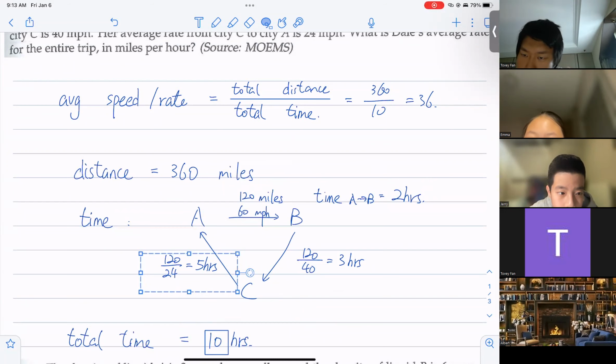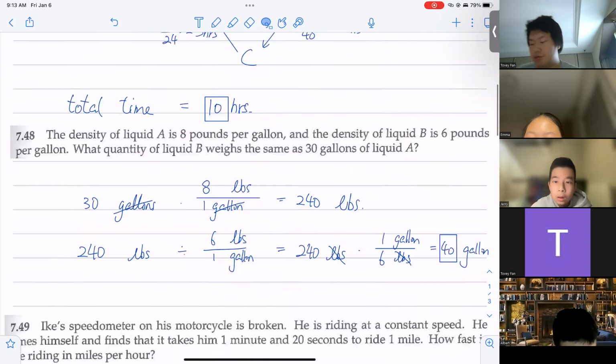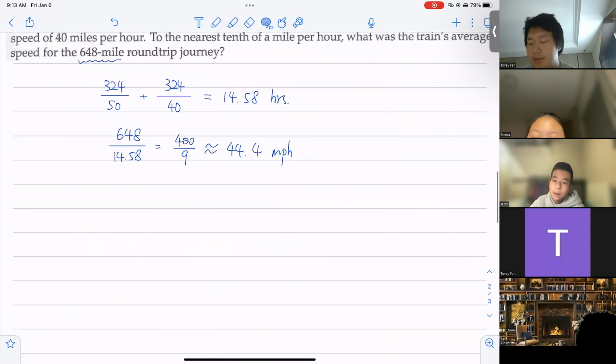That's the special technique for this kind of average speed problem.